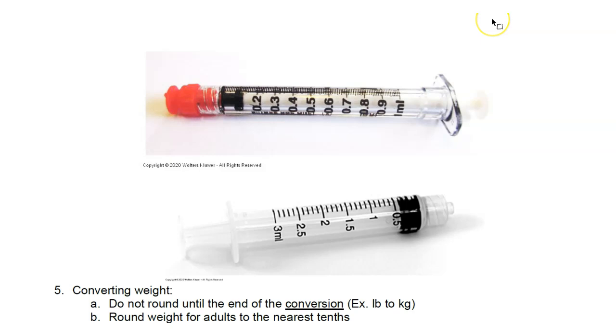If it's less than 1 ml, you're going to need to use the 1 ml syringe, which will allow you to measure it to the nearest hundredths. On the other hand, if your answer is 1 or above, the equipment that you're going to use is the 3 ml syringe or more, and you can't usually measure to the hundredths place. You can only measure as far as the tenths place. That's the reason why that rounding rule exists.